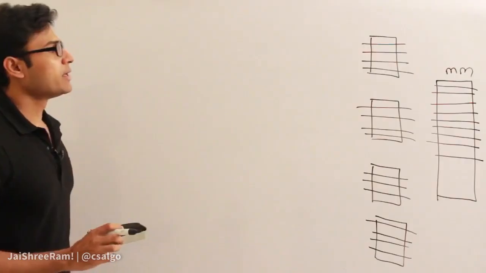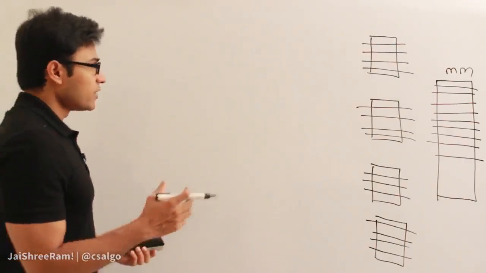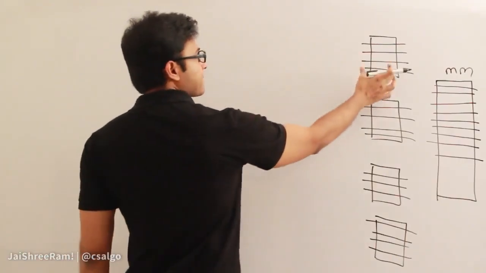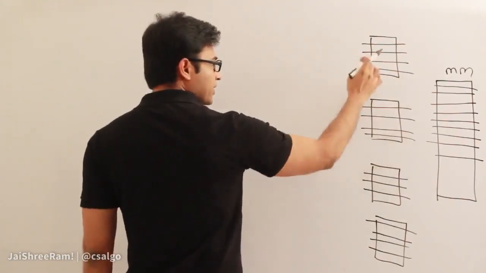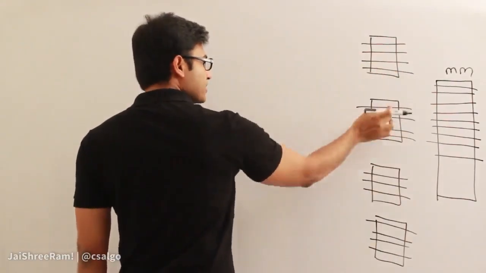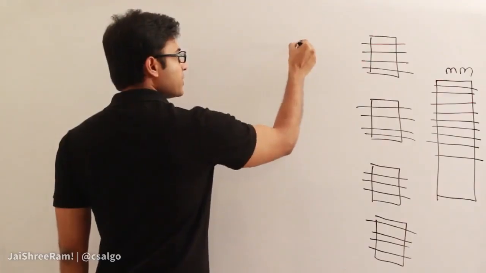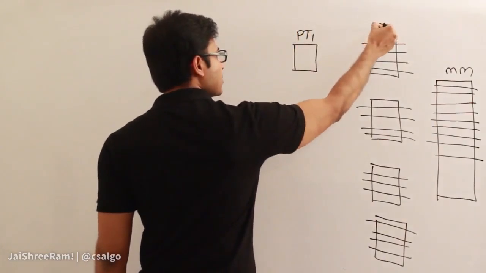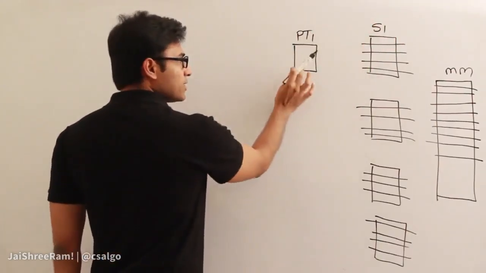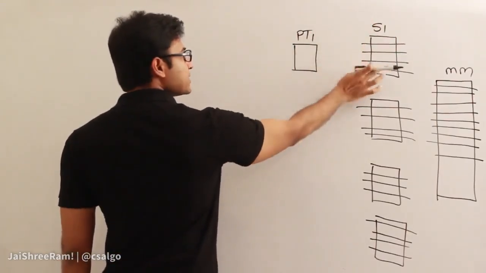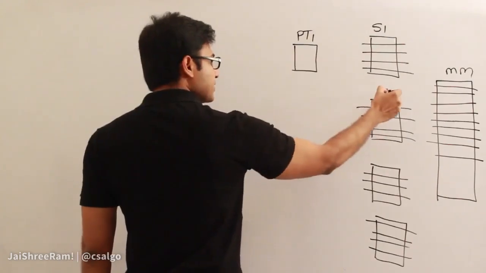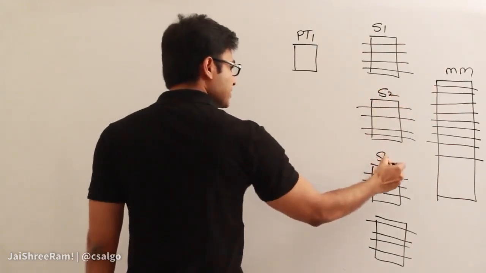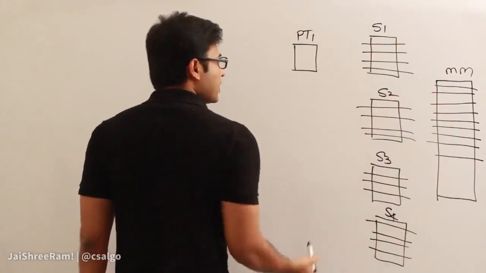Now to implement this, first of all, every segment has various pages, so for every segment we'll have one page table. This is page table 1, which belongs to segment 1, and it talks about what all the pages in this segment S1 are. Let us say this is segment S2, this is S3, and this is S4.